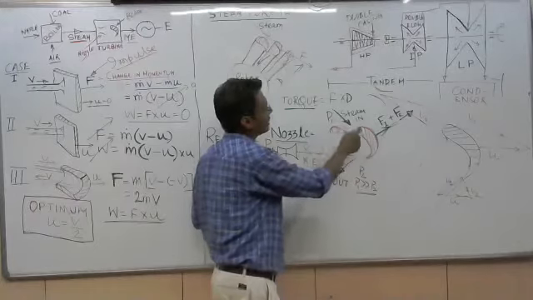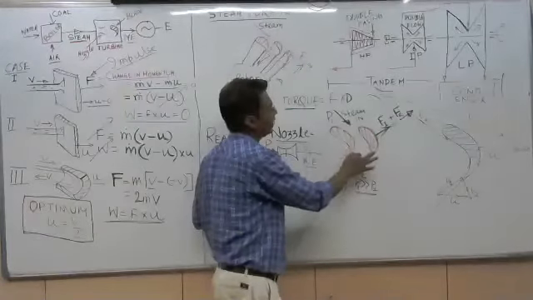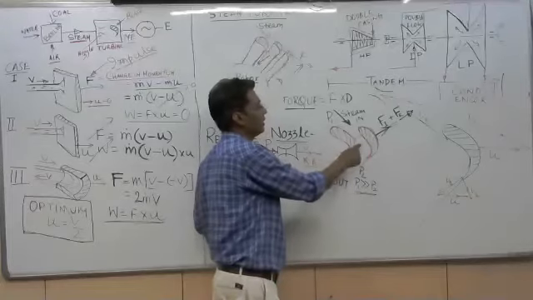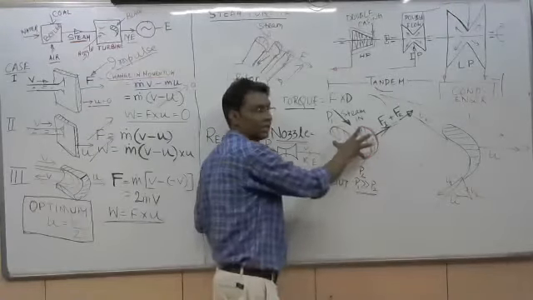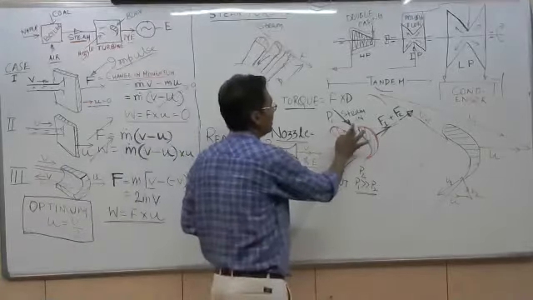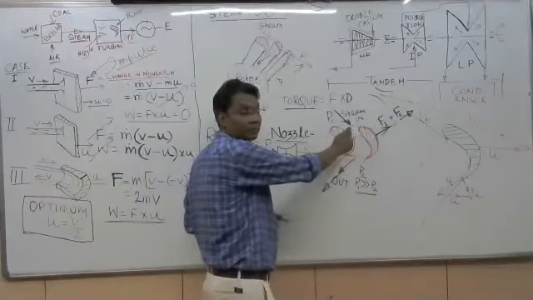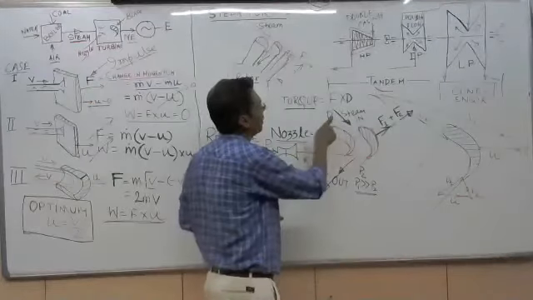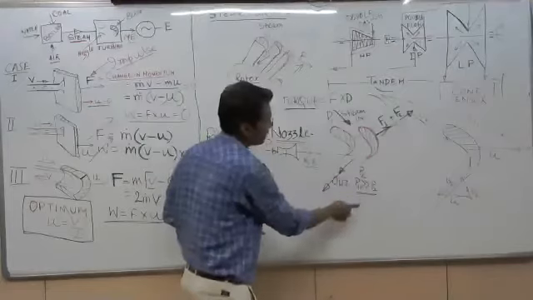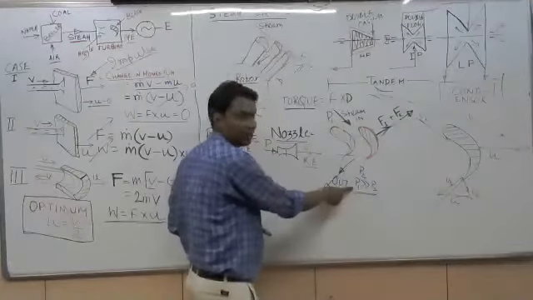That means the passage between two blades is a converging-diverging nozzle. That means this blade is reactive type. It will act as a nozzle. P1 is the inlet pressure, P2 is the outlet pressure, and P2 is much less than P1.